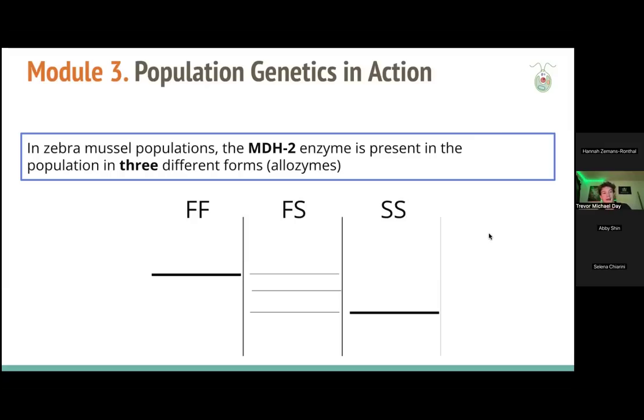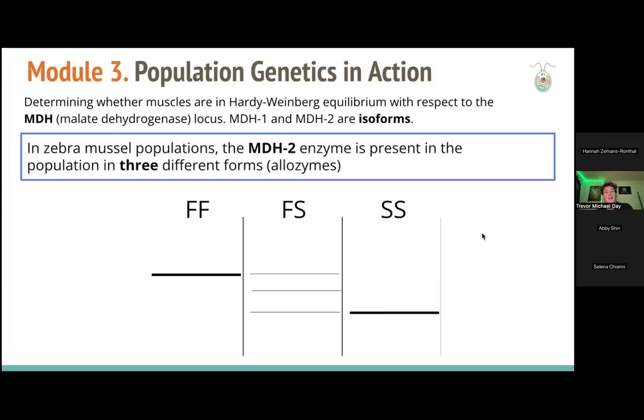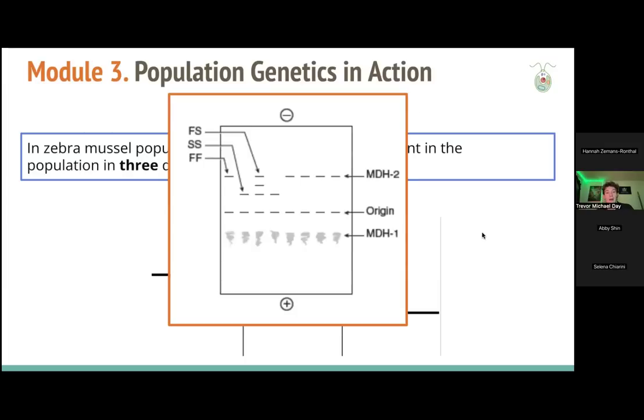We can go to the next slide. Right. Okay. Perfect. So for this slide specifically, this is just an example of what you might see when actually run on a gel. It's also important to note that we've loaded these bands at the origin, which is in the middle of the gel.